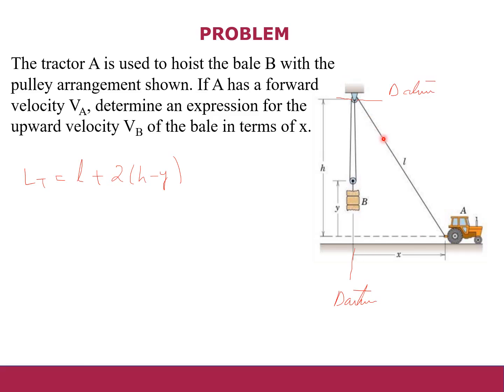What is this length? We can find this length by using right angle triangle ratios, which is by using the Pythagoras equation, and it is (h square plus x square) power half, right, plus 2h minus y, and this will become 0.